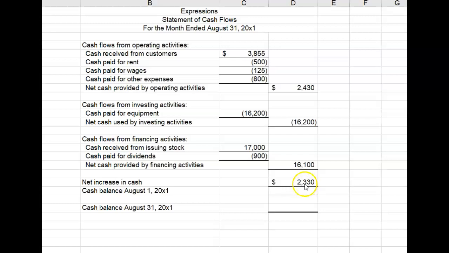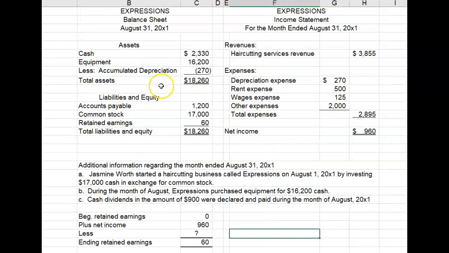is a net increase of cash of $2,330. Now the next thing we need to do is go to our comparative balance sheets and pick up the beginning cash balance from the prior balance sheet. This is the ending cash balance. What was the beginning cash balance? It was 0.